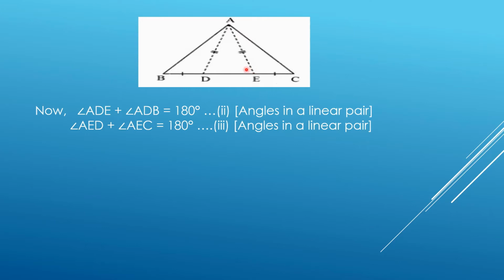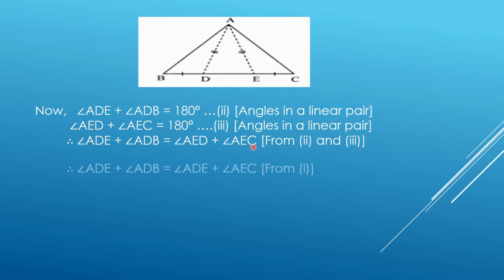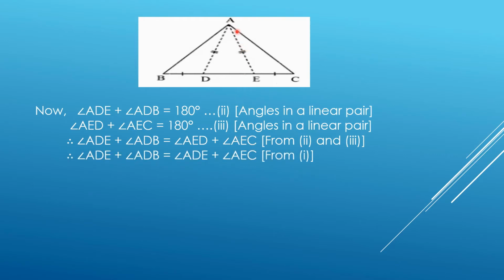From equations 2 and 3, angle ADE plus angle ADB is equal to angle AED plus angle AEC. And angle AED and angle ADE are equal from equation 1, and therefore angle ADE plus angle ADB equal angle ADE plus angle AEC.